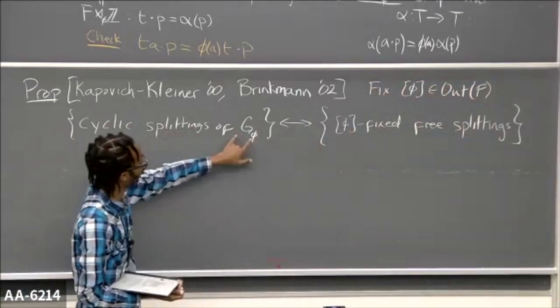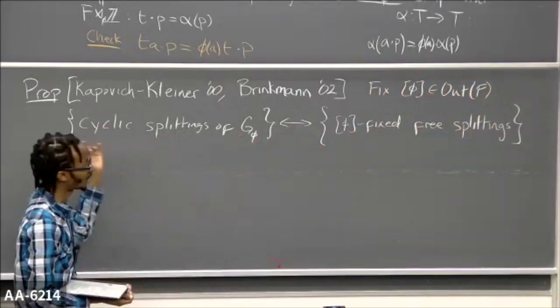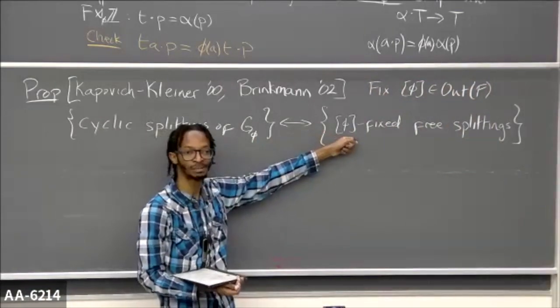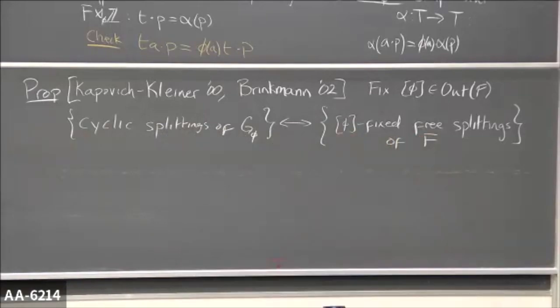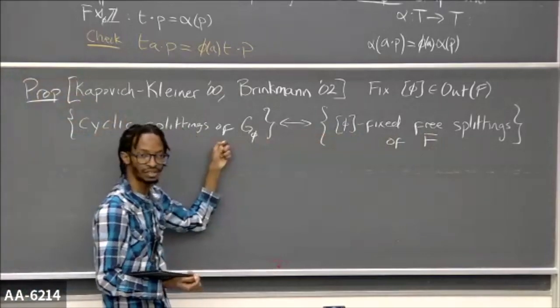But then, of course, if this happens to be isomorphic to G_psi, then now I'm getting a correspondence between fixed free splittings of psi with fixed free splittings of F. So this here just describes how to move from this to this.